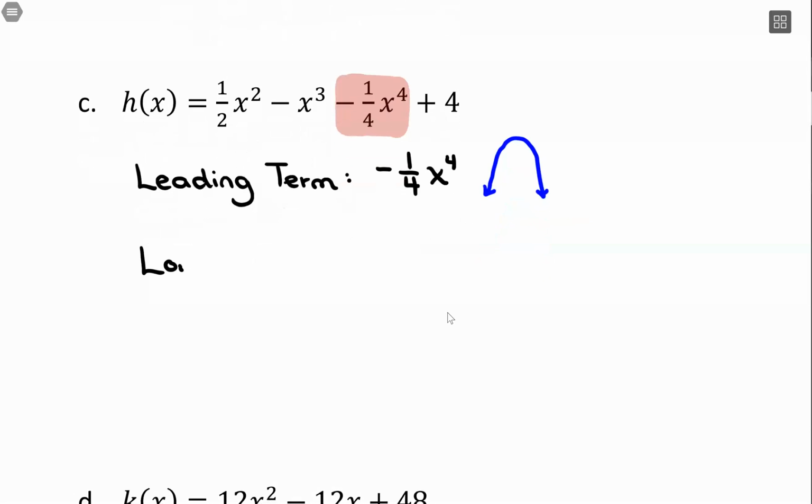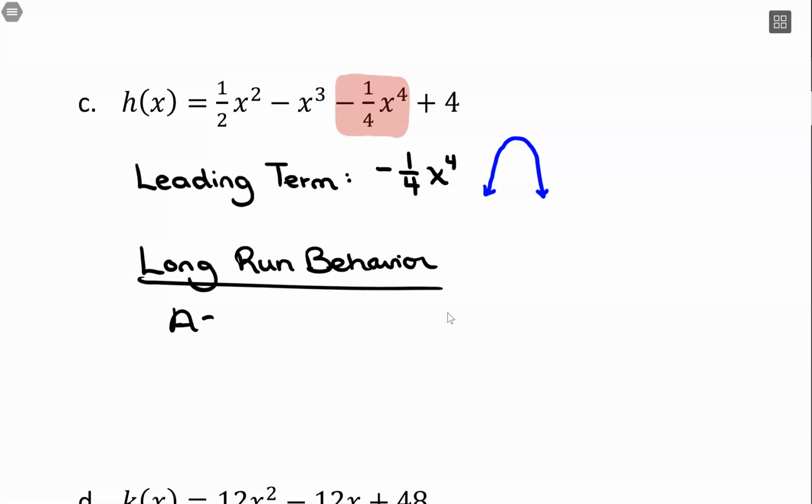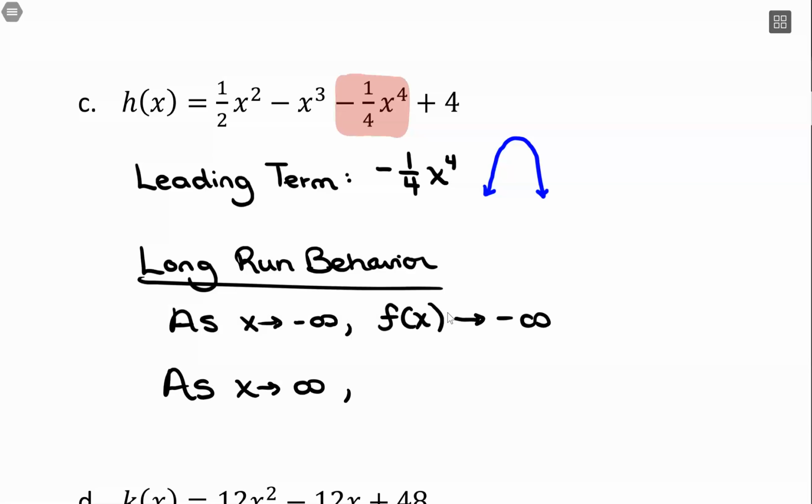So for long run behavior, as x goes to negative infinity, our function is going downward towards negative infinity, and it's going to be the same on the other side as well. As x goes to positive infinity, our function is going down towards negative infinity.